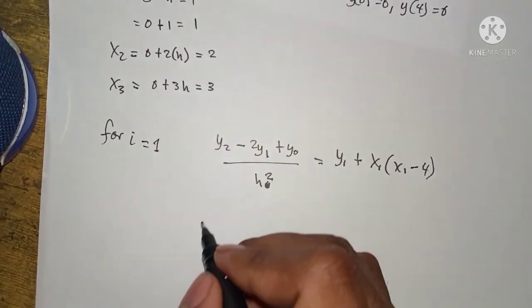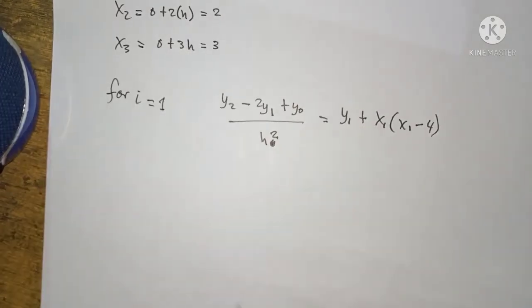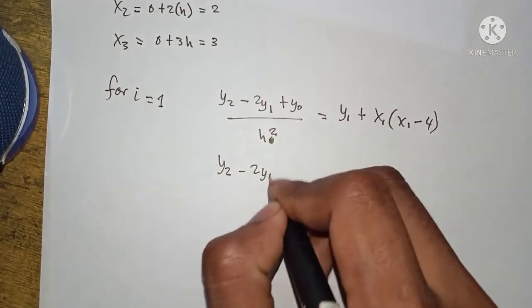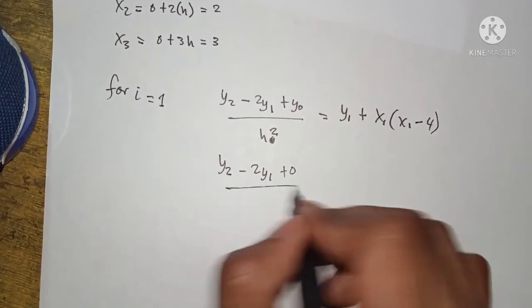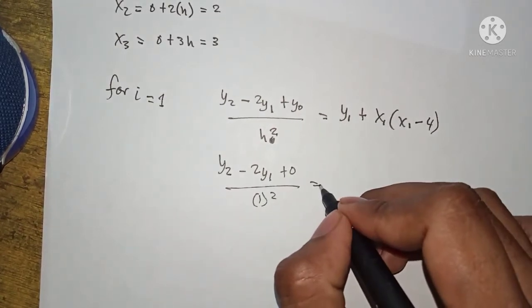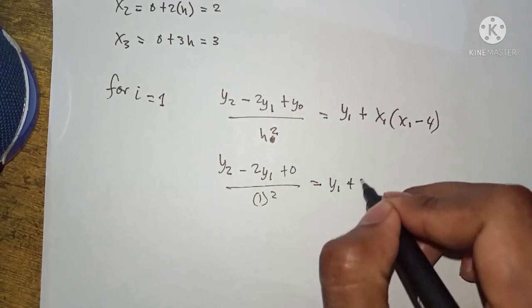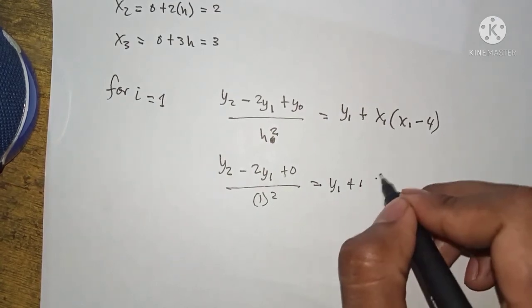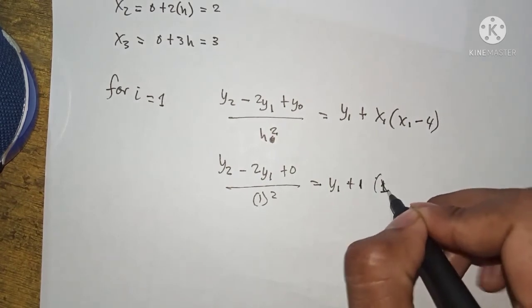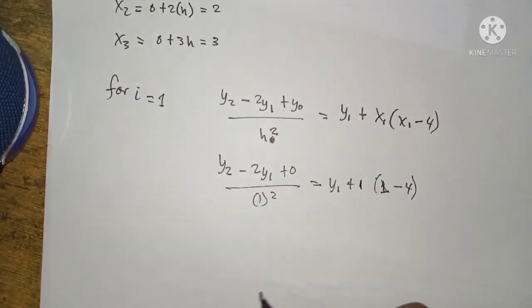Let's substitute the values: y2 minus 2 y1 plus 0 over 1 squared equal to y1 plus 1 times 1 minus 4.